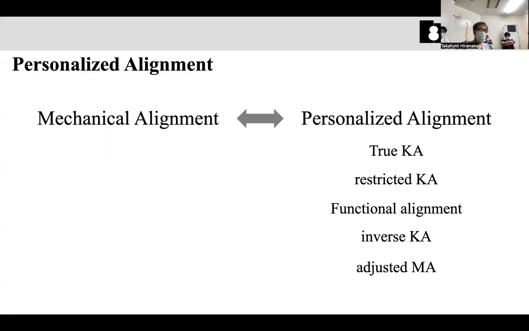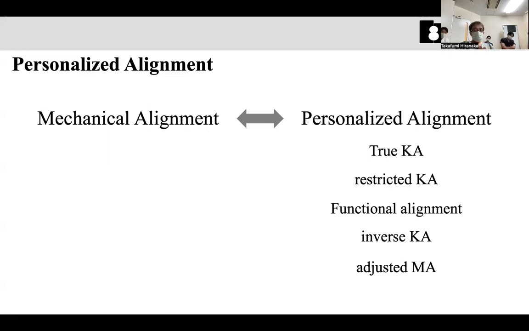on adjusted mechanical alignment. This is a new concept. In this concept, cut the tibia first, perpendicular to the tibial mechanical axis, to avoid loosening of the tibia.